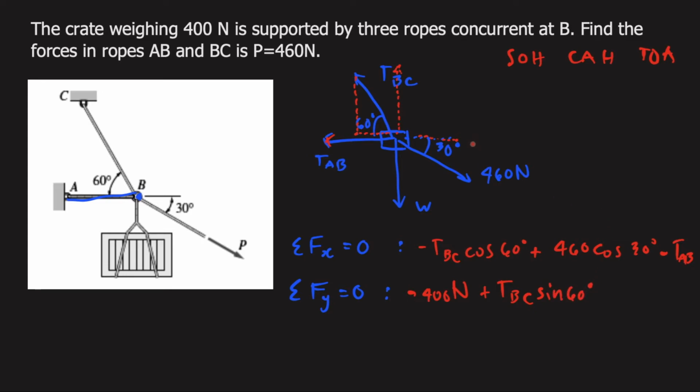The third one is the y component of this TP, or P. We have 460, and since it's directed downwards, it's negative 460. Since we used cosine to get the x component, we will use sine to get the y component.